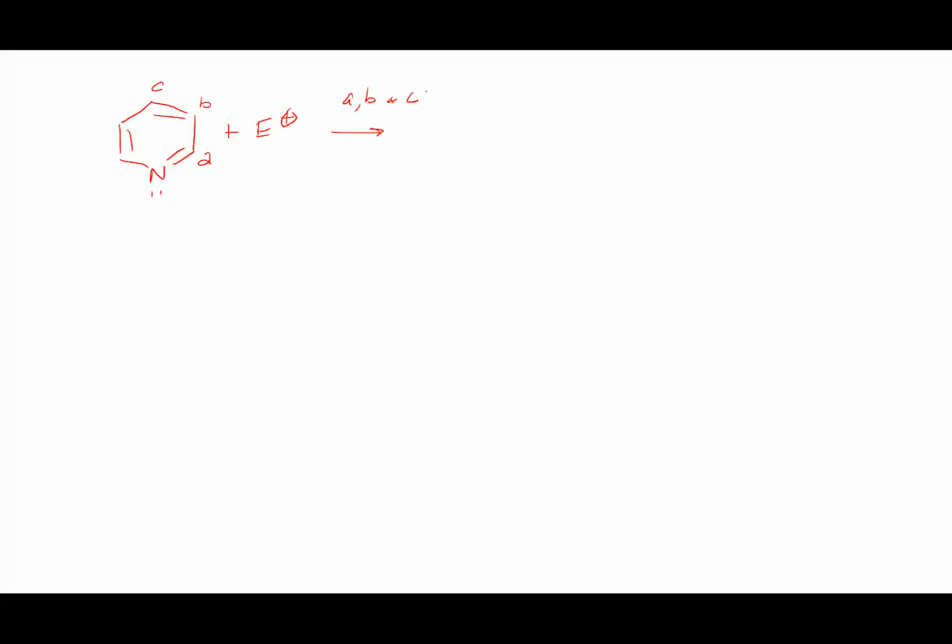So if I added that E plus to A and wrote all the resonance structures, and then I added it to B and wrote all those resonance structures, and then I added it to C and wrote all those resonance structures, how do I know where the electrophile will ultimately add?